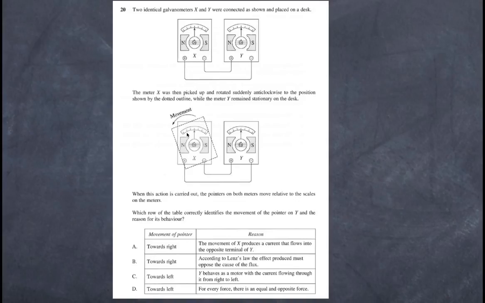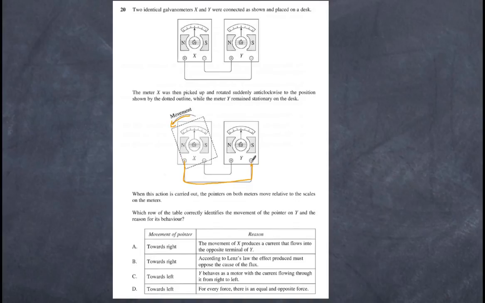But when we move the galvanometer body towards the left, so in other words, we're going in this direction, the needle deflects the other way, but now it's not acting like a motor, it's acting like a generator. And so instead of the current going in at X, as you would normally expect, the current is coming out. So we have a current going from X over here to Y.